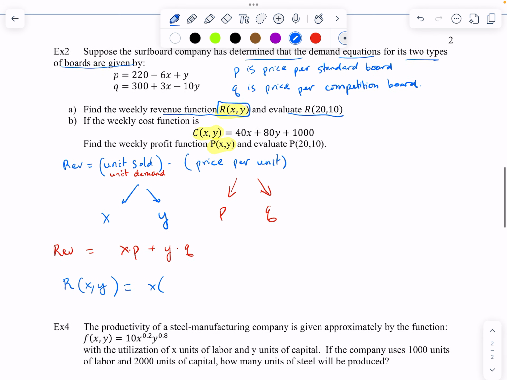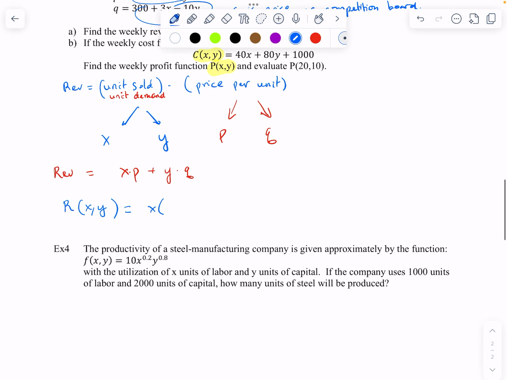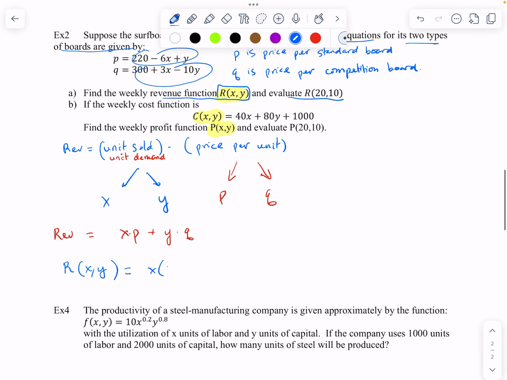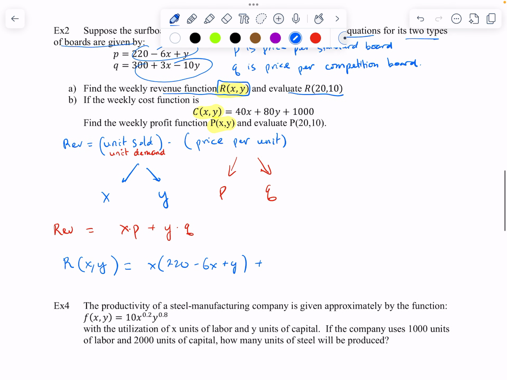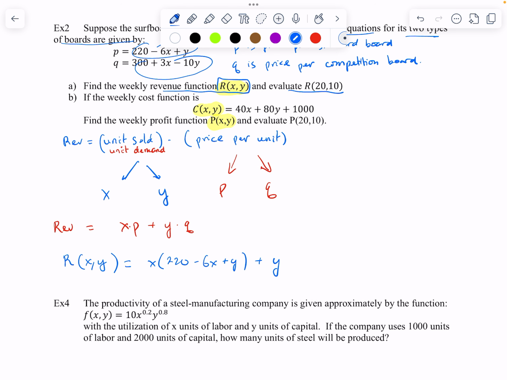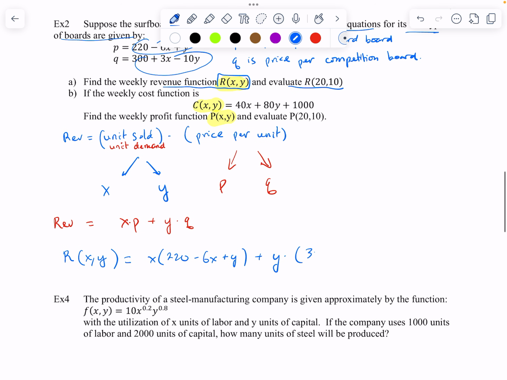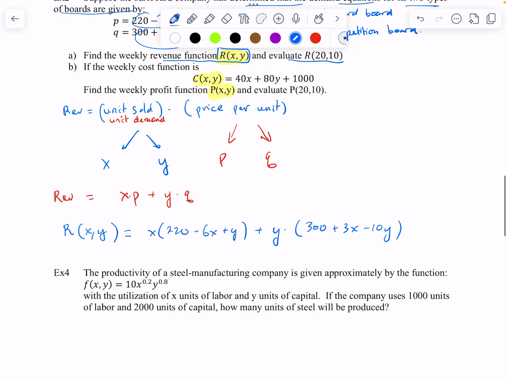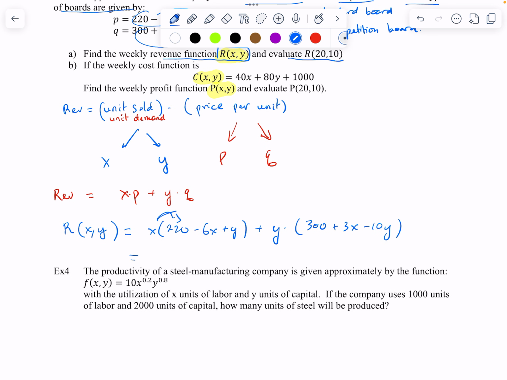We now replace P and Q in terms of X and Y. So P is 220 minus 6X plus Y, and Q is 300 plus 3X minus 10Y. Distribute, simplify, and combine like terms.